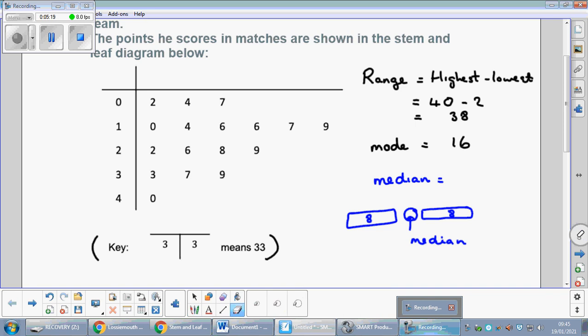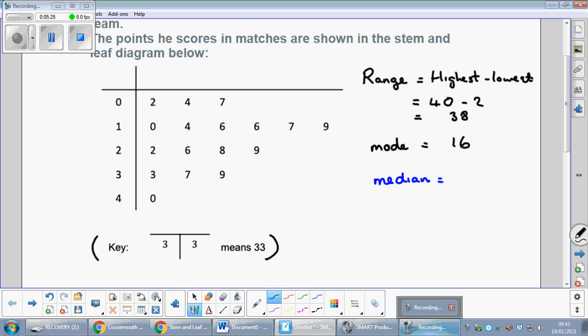Now, how are we going to do this? We've got two ways of doing this. We can either write out all the numbers, or we can stroke them off. So if we stroke off, we're stroking one off from the top, one off from the bottom. This way we're going down, this way we're going up.